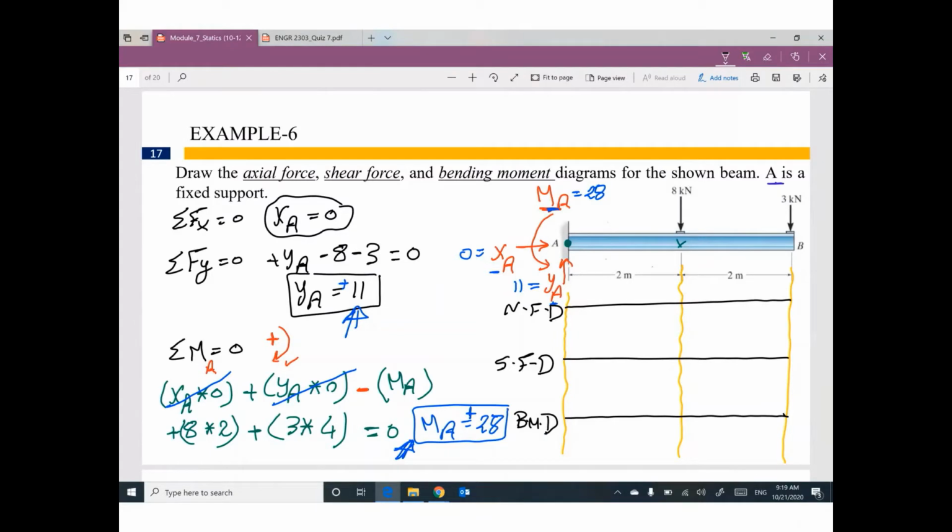Can you watch my steps, my solution, my organization? Please put your reactions on the left and the problem on the right, as it will be given in the exam, and make sure the space below the beam is free to draw these diagrams.